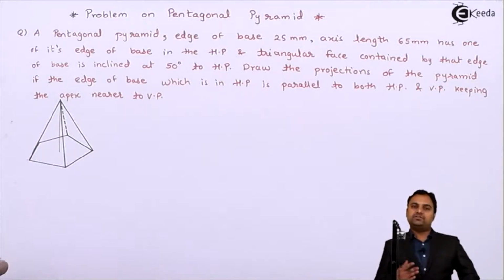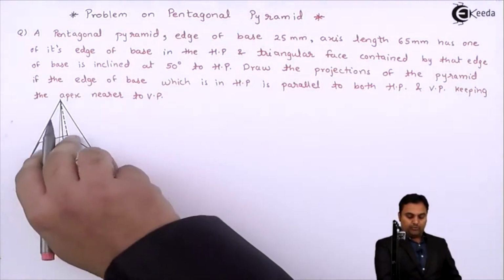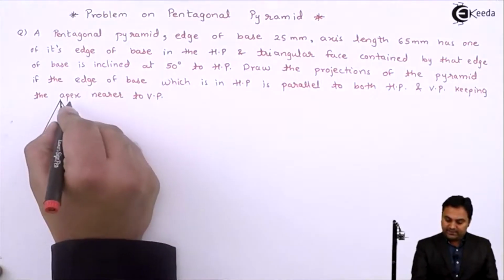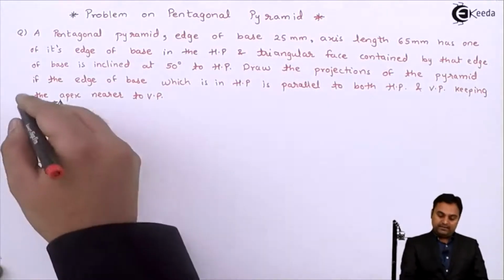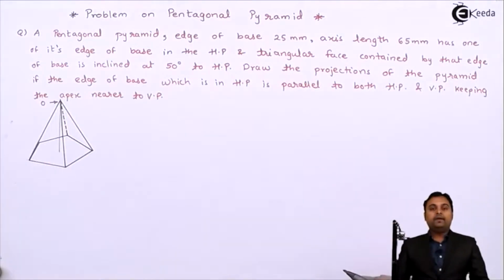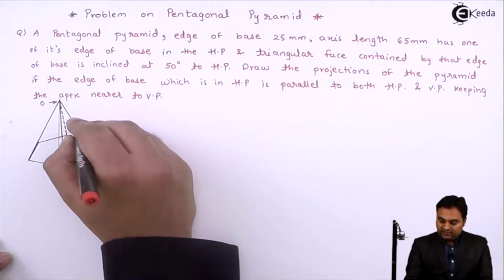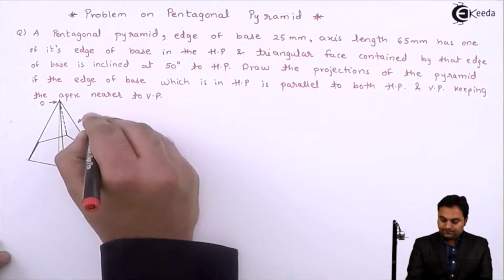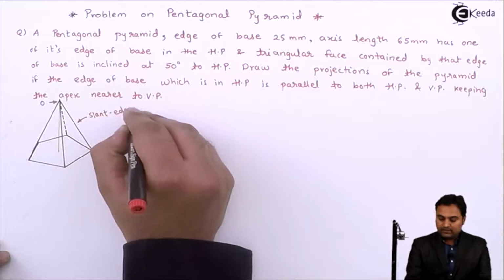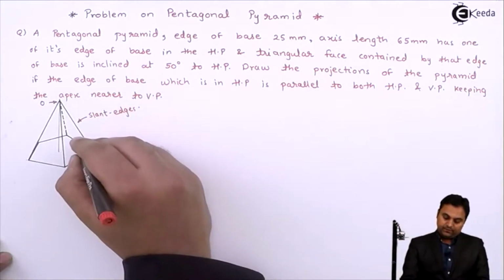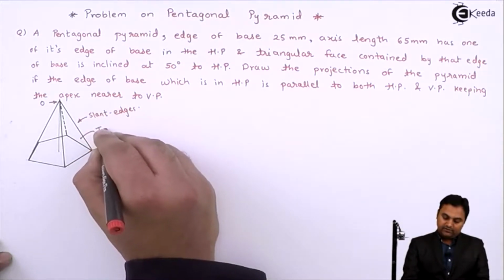Those 5 corners are connected to a common vertex also called as apex. Here this is an apex. I'll denote it as point O. So these slant edges are connected to the apex, forming triangular faces.